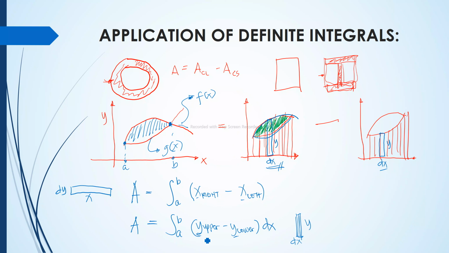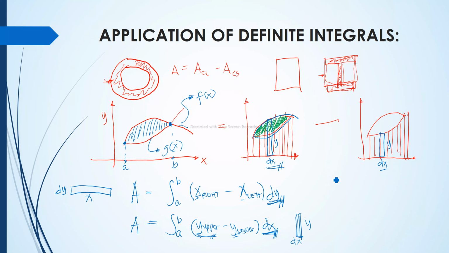The y is a function of x and the x is also a function of y. These are equations and they need to be written with respect to the variable of integration. If it is dy, then we need to isolate x on the left side and have y on the right side. If it is dx, then we isolate y on the left side and have x on the right side.